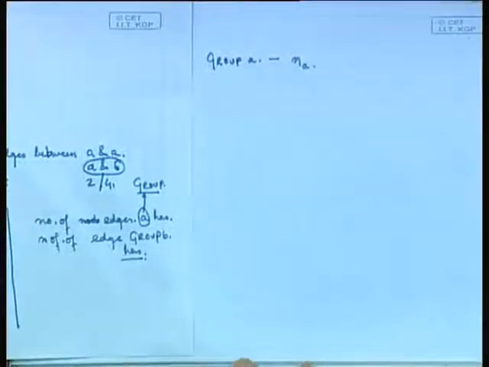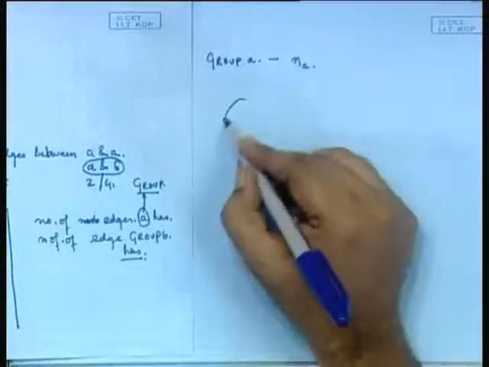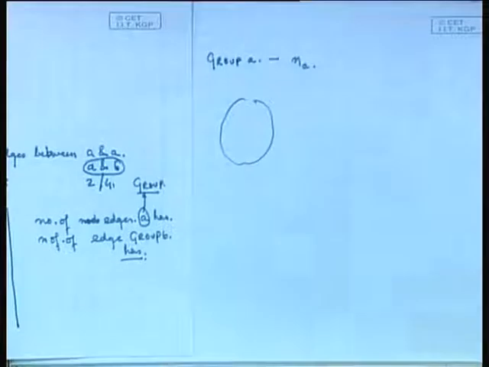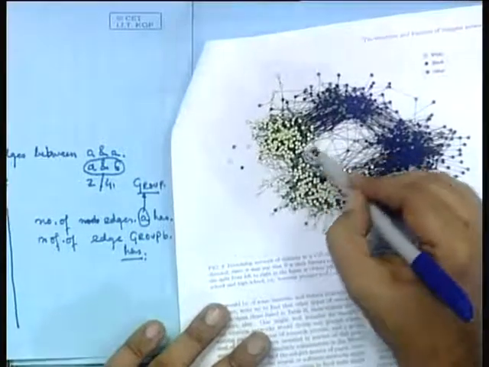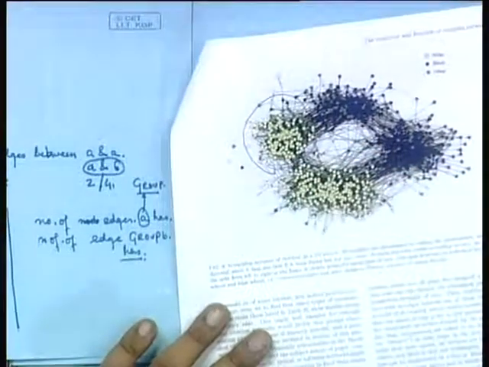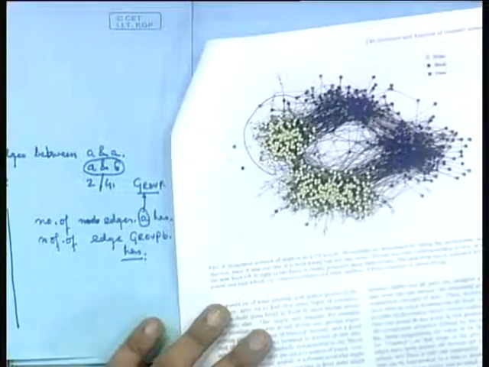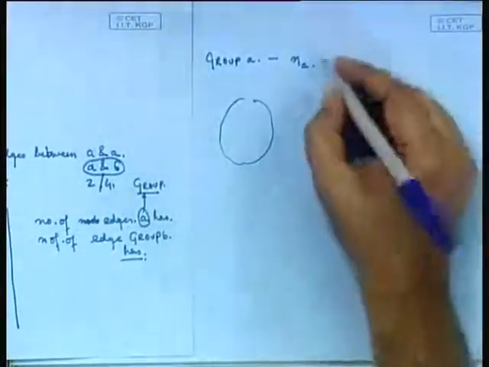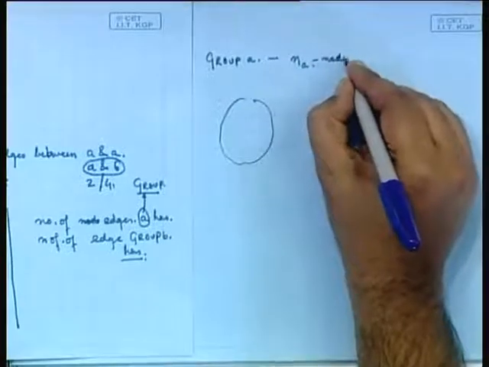Group A will have NA number of nodes. Okay. But what is the value of NA?